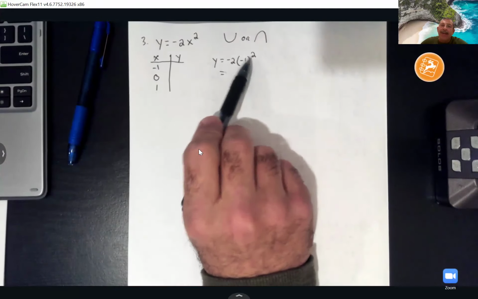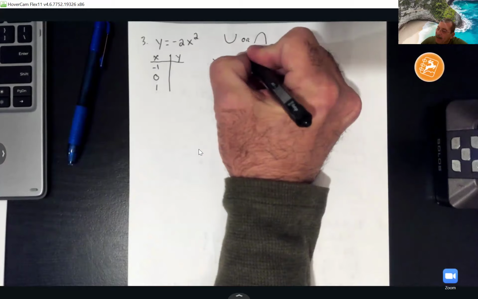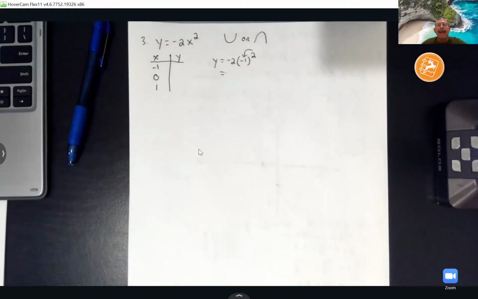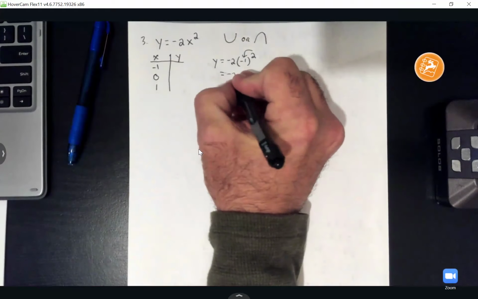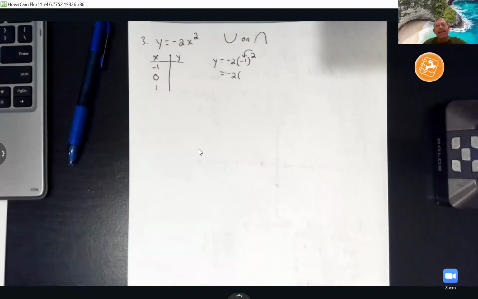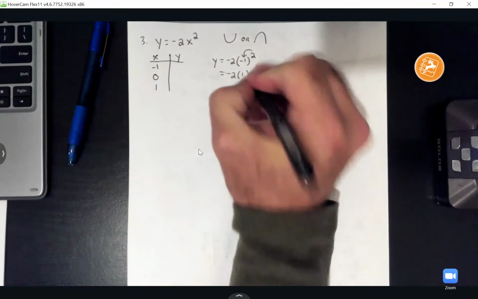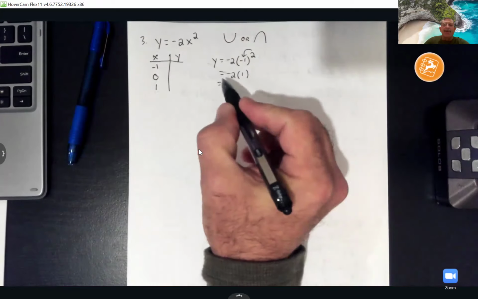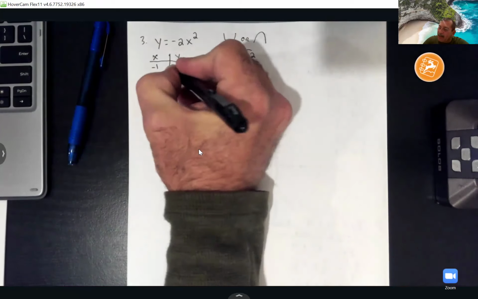The first thing you got to do is that exponent. And that exponent only affects that -1. So we're going to bring this -2 down. So -1 squared, y'all, what's that? 1. That's definitely a 1.